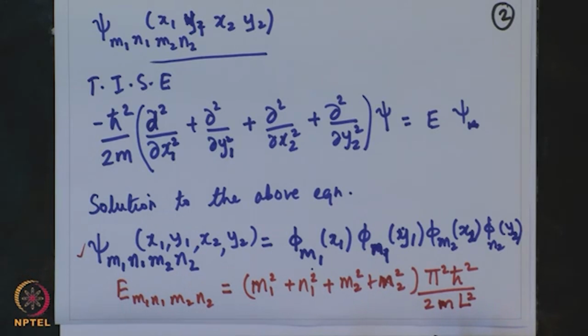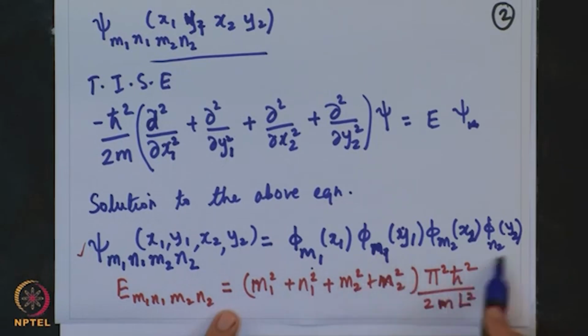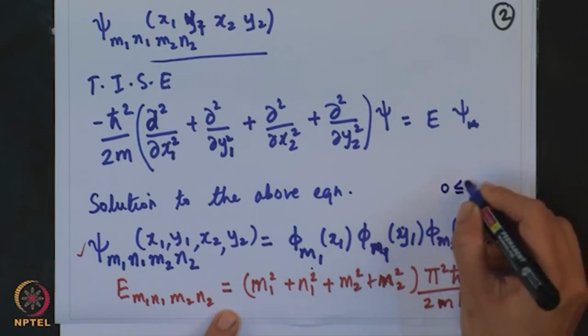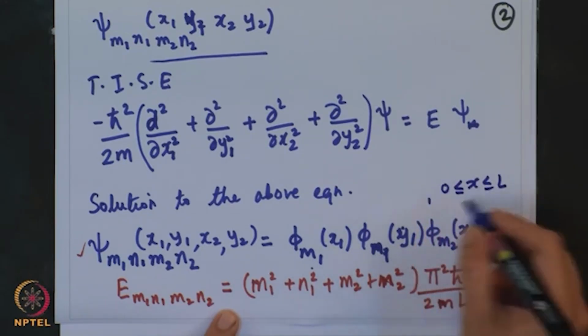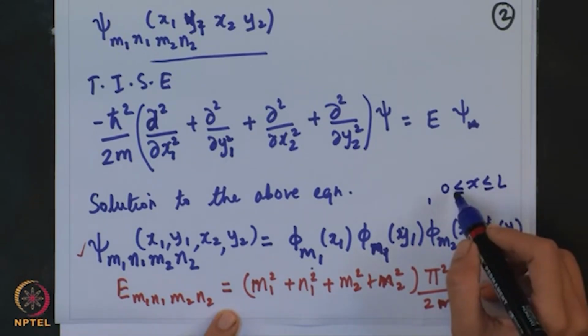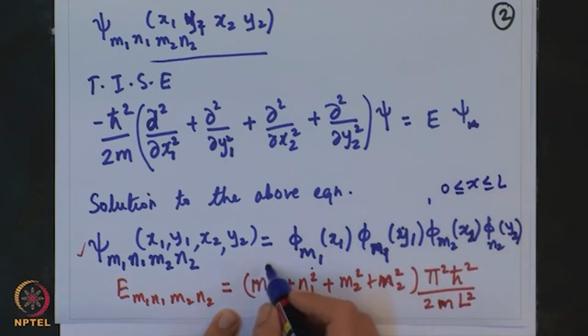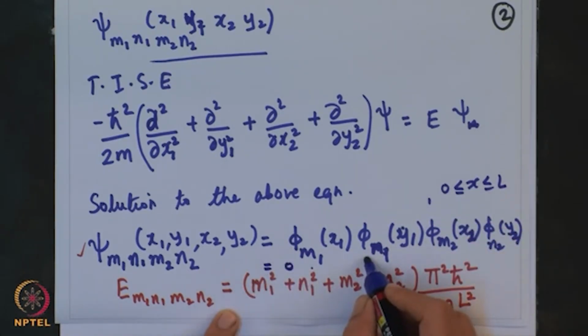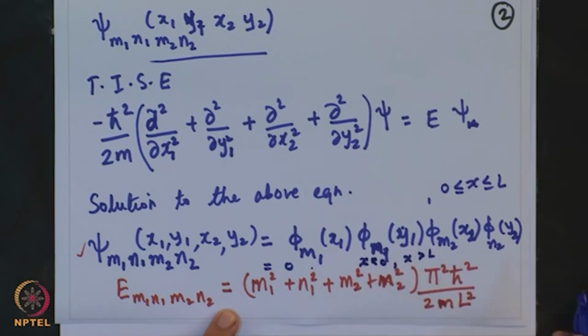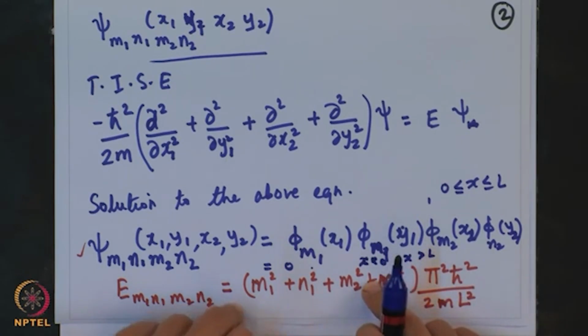And remember that the wave function is of this form inside the box, that is, for x between 0 and L. However, this wave function would be 0 for x less than 0 and x greater than L. This is the same condition which we have for the particle in a box.